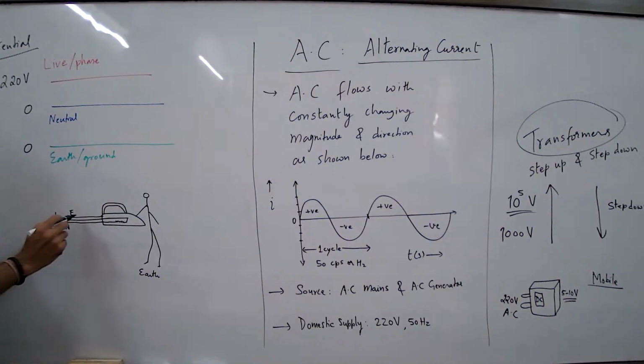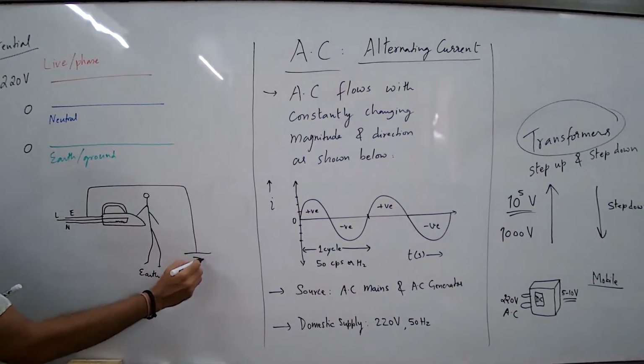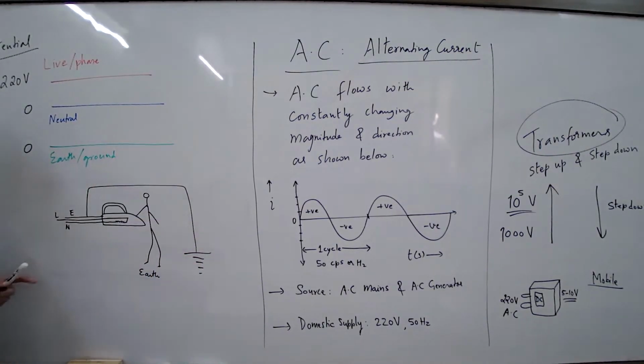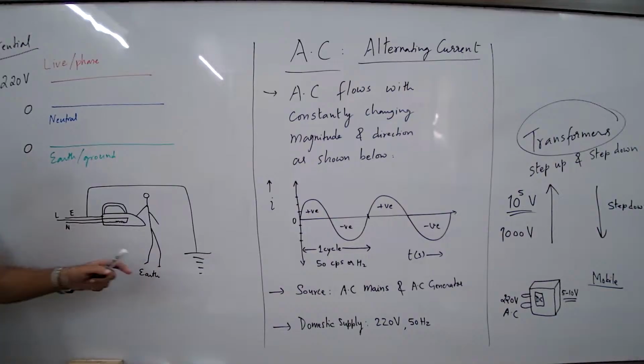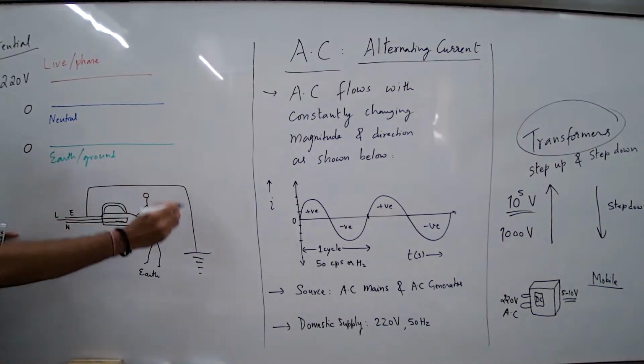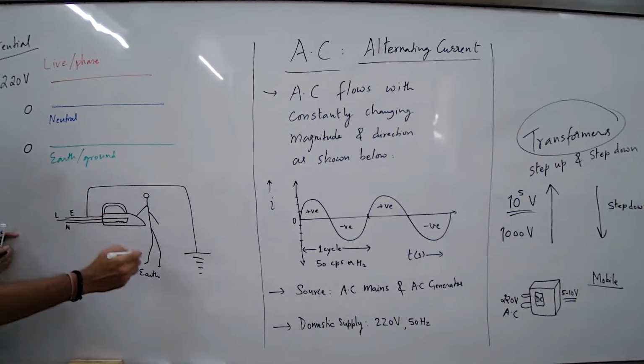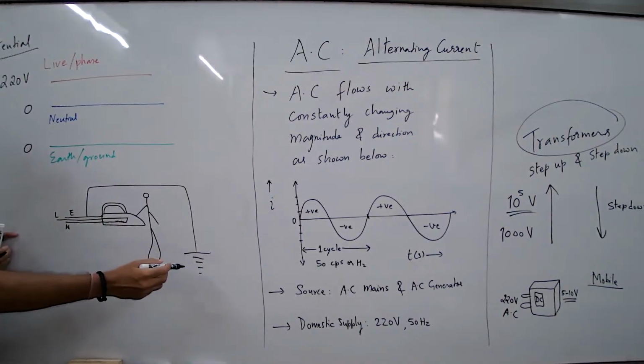Okay. So in earthing, what happens is that this earthing is already connected with ground. There is a main grounding which is already done, which is outside your meter of the society. Okay. So this is already connected to earth. So our body's resistance is higher than Earth's resistance.